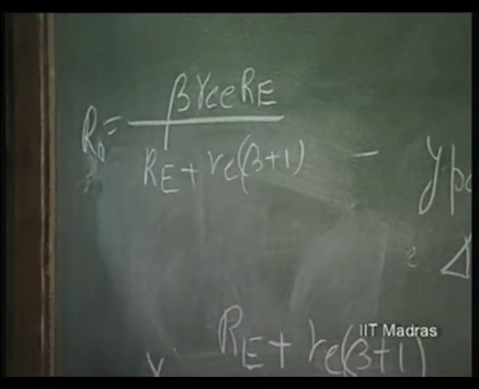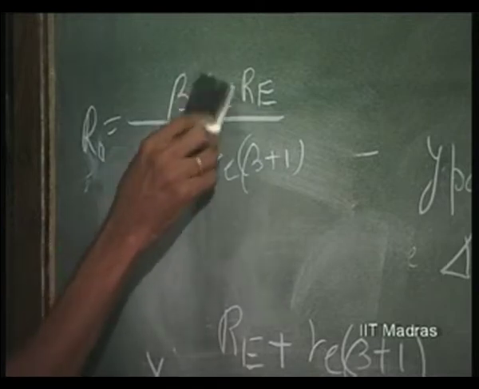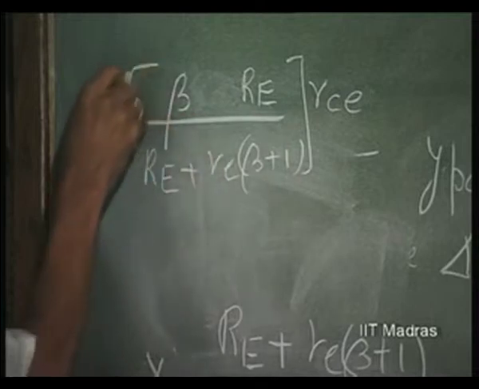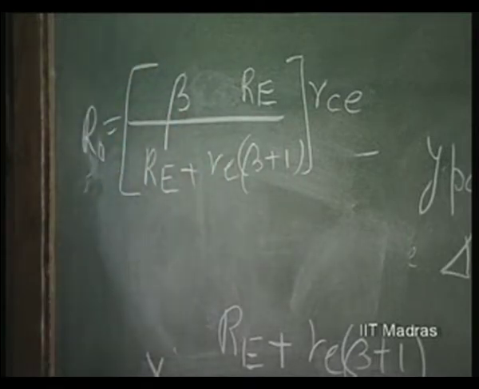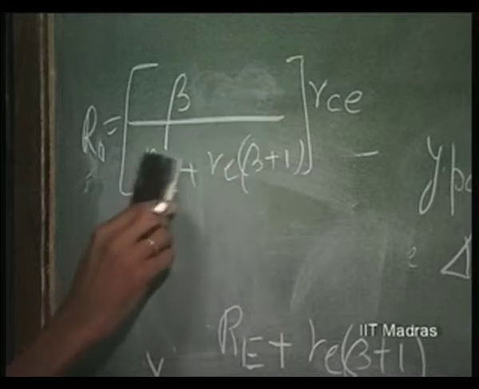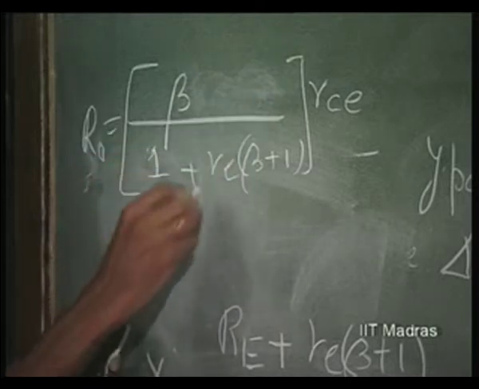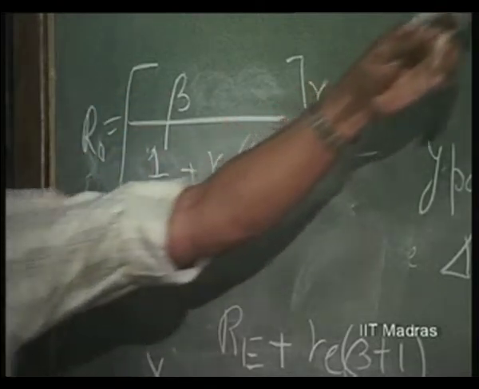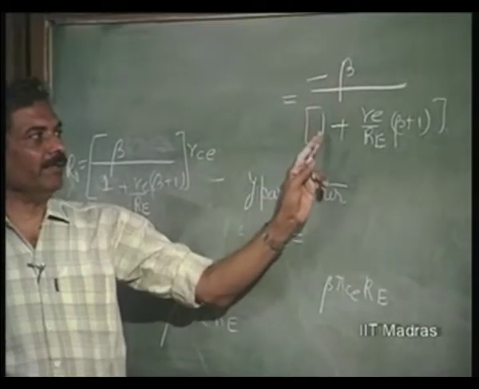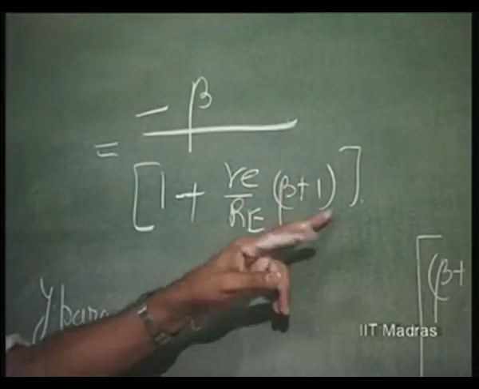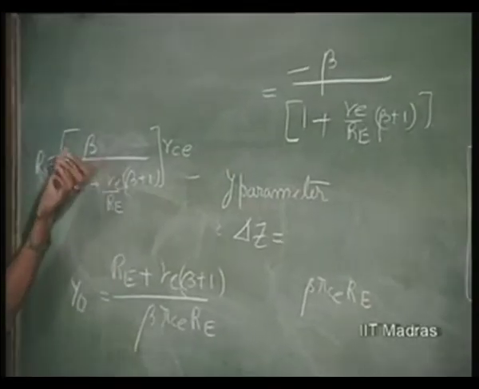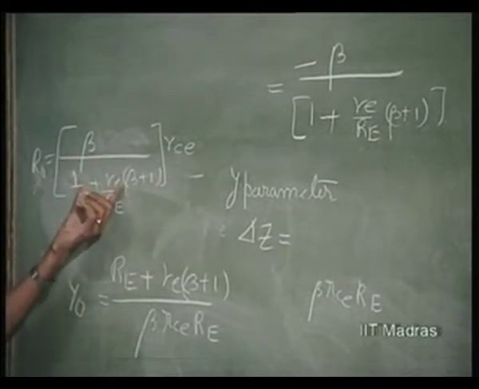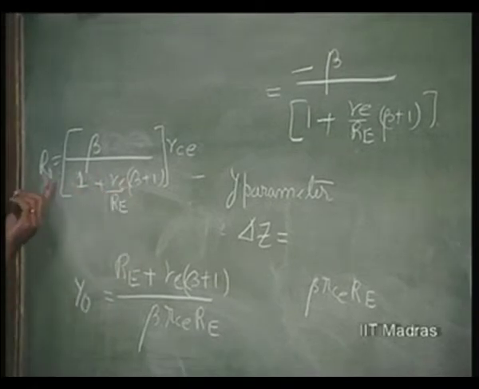So, you can see that it is nothing but beta RE to RCE. So, you can just divide this by this. We had already considered as loop gain, beta divided by 1 plus RE by capital RE into beta plus 1, okay, is the loop gain. So, original RCE gets multiplied by this loop gain, that is the output impedance.